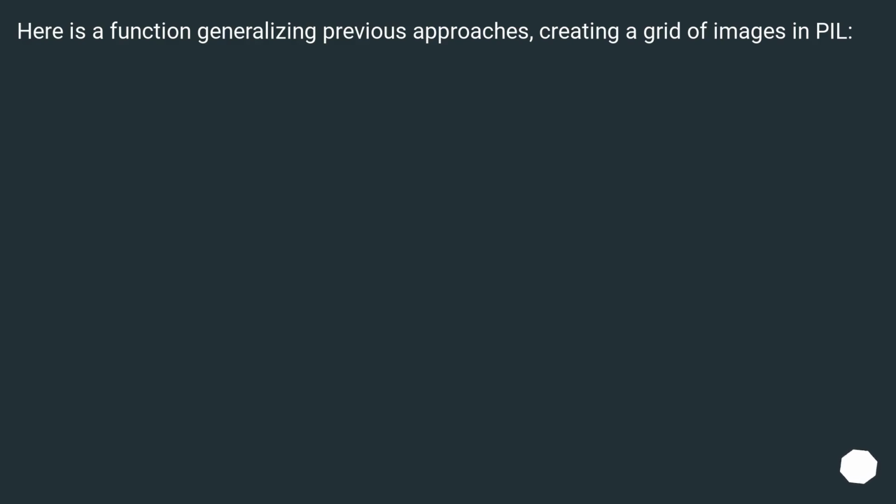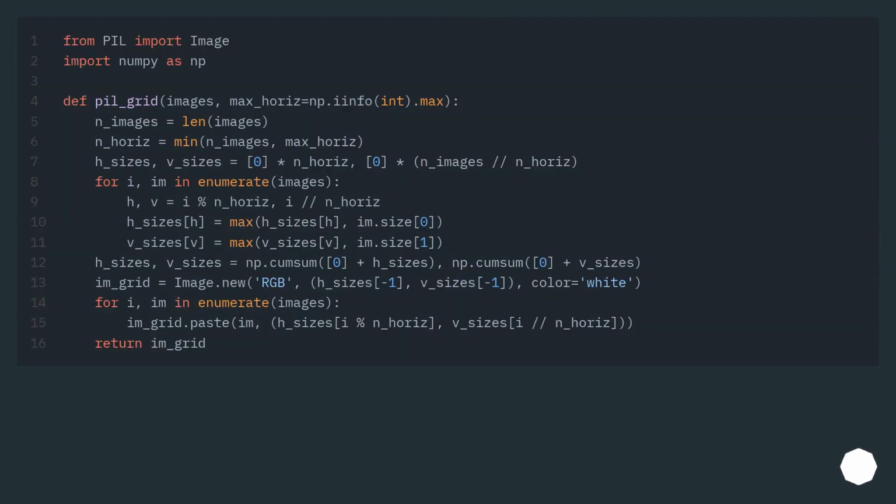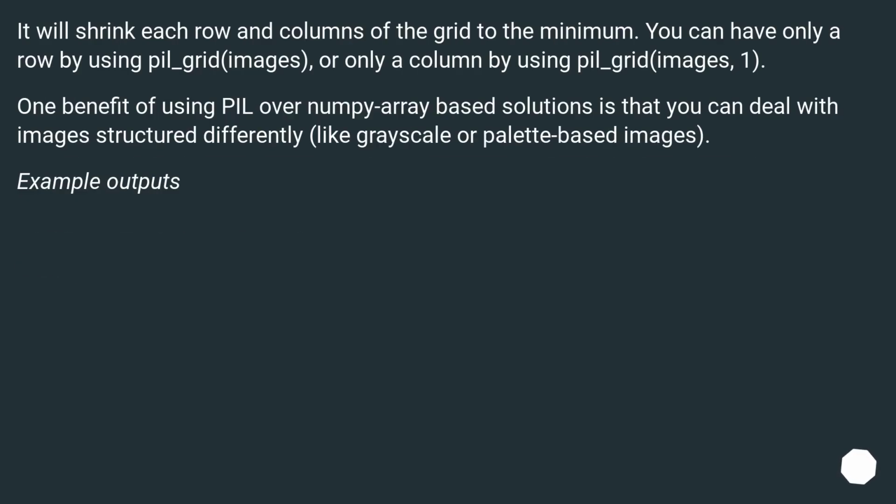Here is a function generalizing previous approaches, creating a grid of images in PIL. It will shrink each row and column of the grid to the minimum.